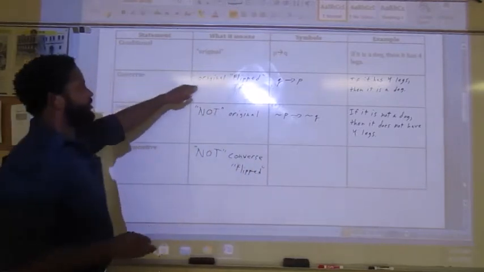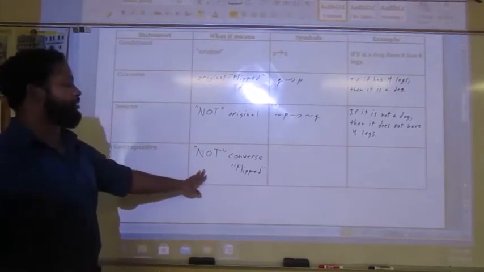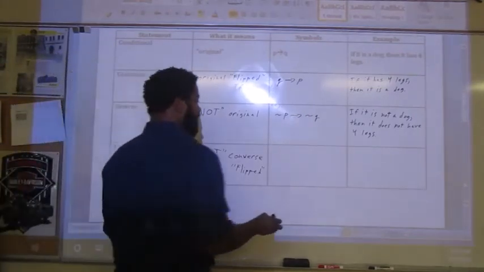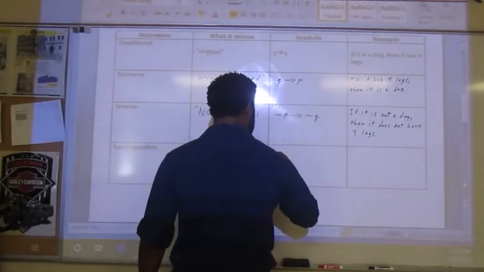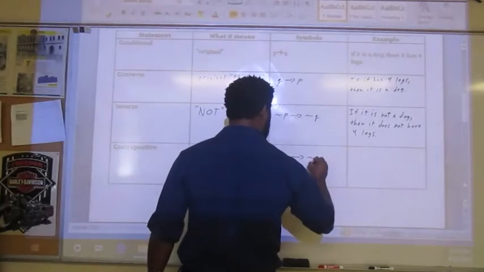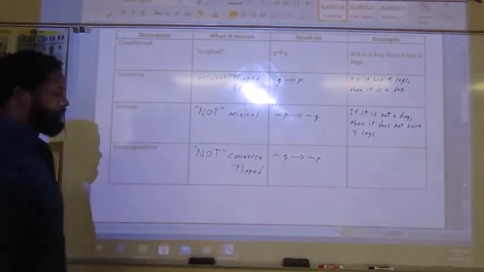Because you know it's your original flipped. So your contrapositive is not for the converse, also known as flipped. So therefore, we have not Q going to not P. Okay? That makes sense.